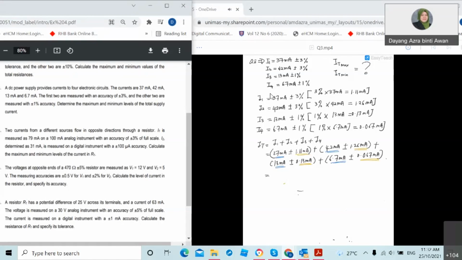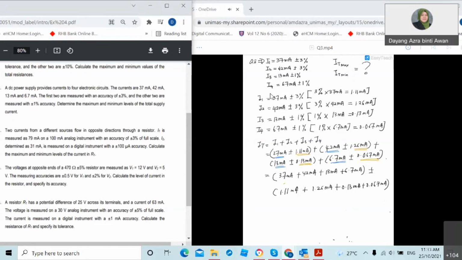The current will be 37 milliamp plus 42 milliamp plus 13 milliamp plus 6.7 milliamp, plus minus the error. So you have 1.11 milliamp plus 1.26 milliamp plus 0.13 milliamp plus 0.067 milliamp.